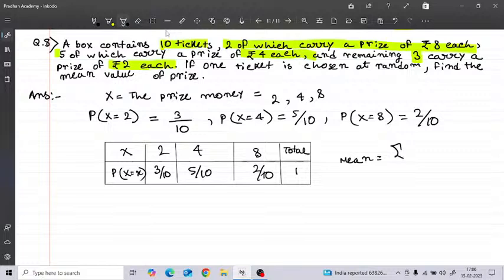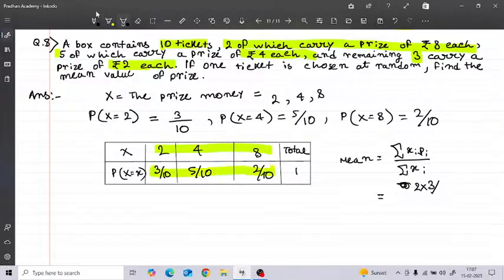The mean of price is the sum of xi into pi. Xi denotes these values, and pi denotes these values. So let's calculate the mean: 2 into 3 by 10, plus 4 into 5 by 10, plus 8 into 2 by 10.